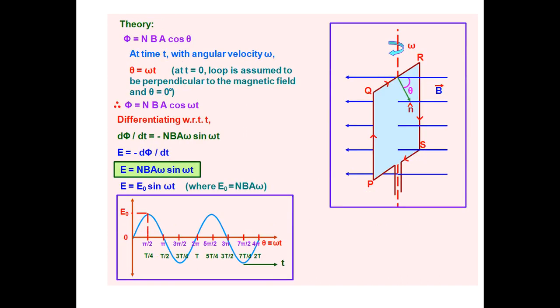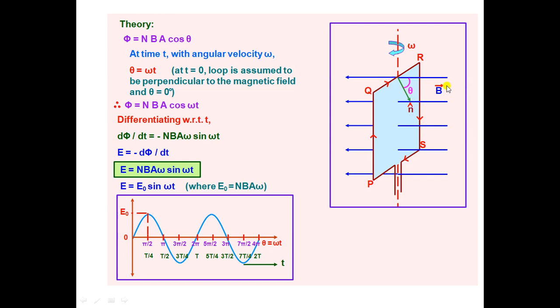Then we'll discuss the theory of the AC generator. In the diagram, we take N and S strong magnetic poles, and theta is the angle between the direction of the magnetic field B and the area vector, which is n bar.